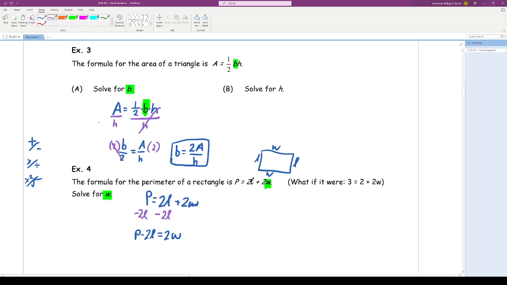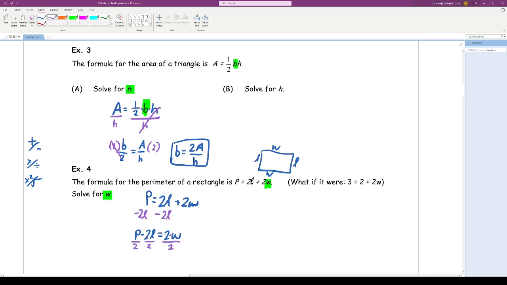And now we need to get rid of this. Remember, this is 2 times W here. So we're going to get rid of the 2 by dividing both sides by 2. And in fact, since there's 2 different things over here, we're going to divide every separate term by 2. So anytime something is separated by a plus or a minus, we need to divide each piece of this by 2.